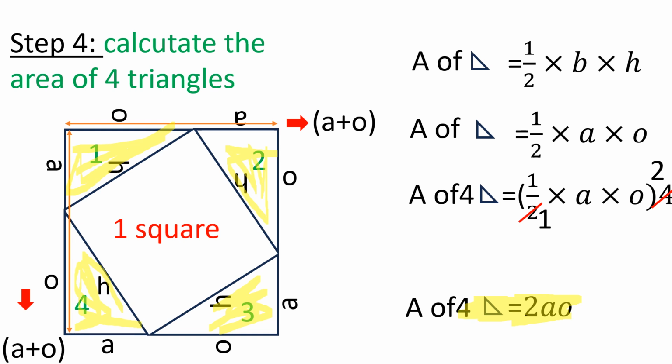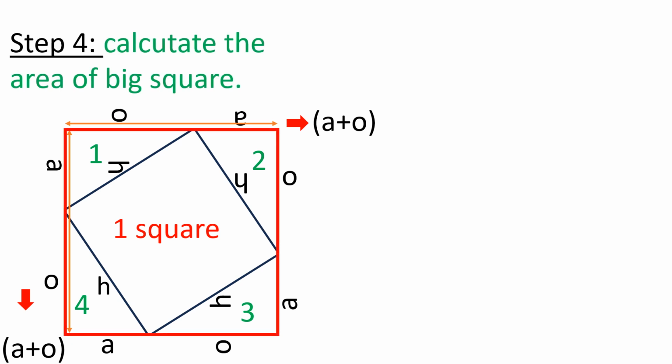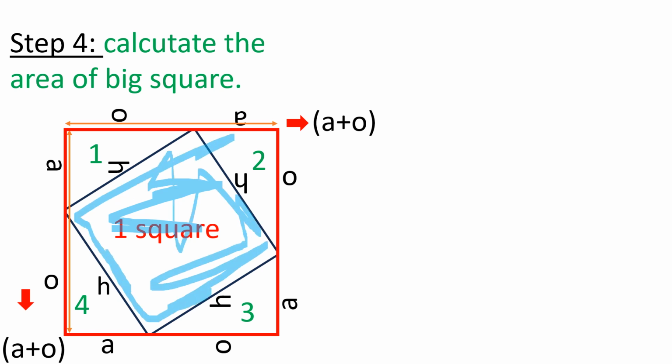Now, it's time to calculate the area of the big square in the center. This big square in the center, let me highlight like this. We can calculate this area like this.